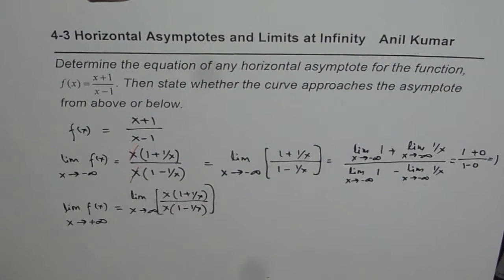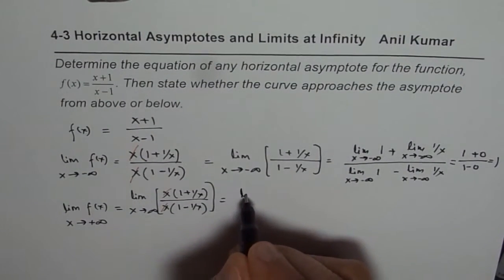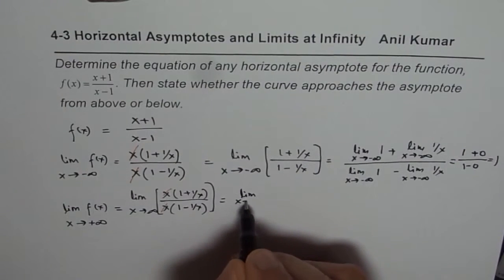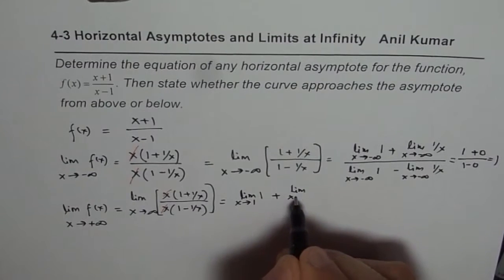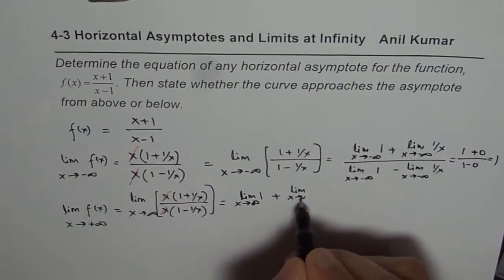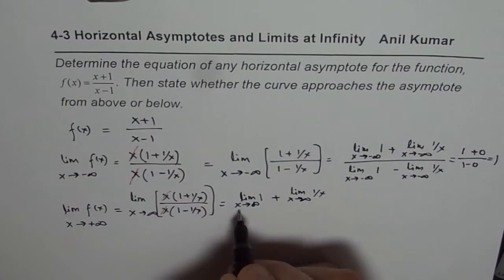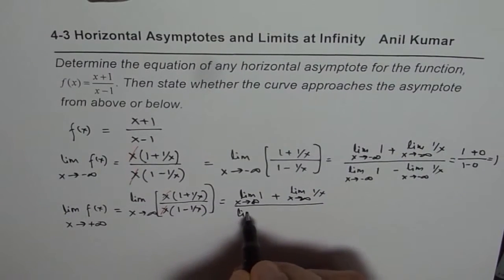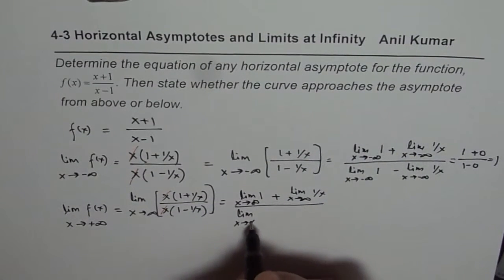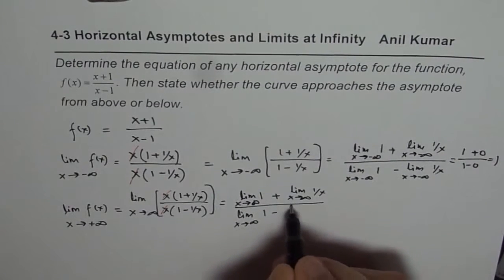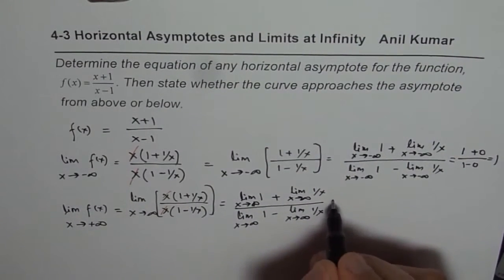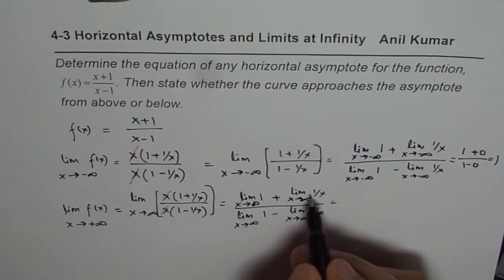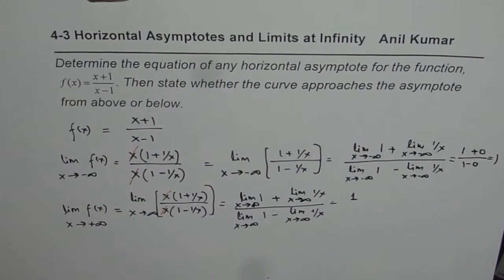Now x and x cancel off, so we can write this as the limit as x approaches infinity of 1 plus the limit as x approaches infinity of 1 over x, divided by the limit as x approaches positive infinity of 1 minus the limit as x approaches positive infinity of 1 over x. Now that is 1, this is also 1, and these are 0, so we get 1 as the answer.